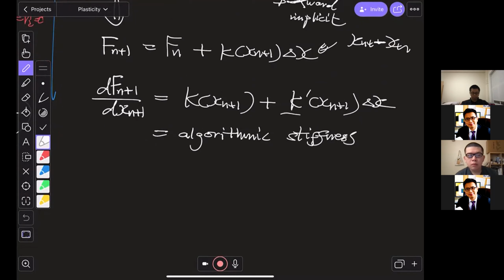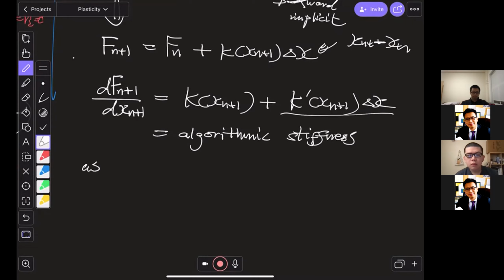A lot of people ignore this term, and if you ignore this term, you won't get the convergence to be quadratic, which is the Newton-Raphson property, because you're linearizing the system.